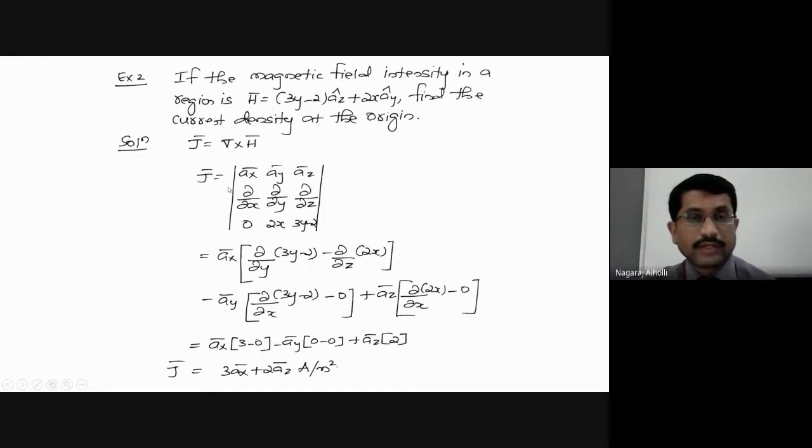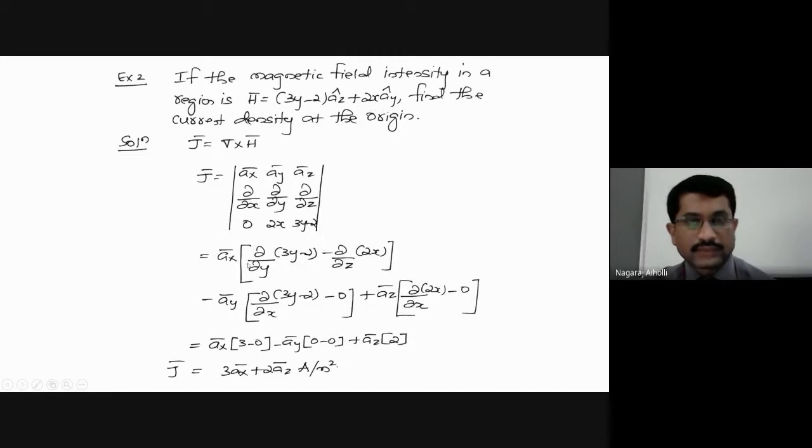So J bar will be equal to, in determinant form, AX bar, AY bar, AZ bar, dou by dou X, dou by dou Y, dou by dou Z. Then the coordinates of H bar: X component is 0, Y component is 2X, Z component is 3Y minus 2.